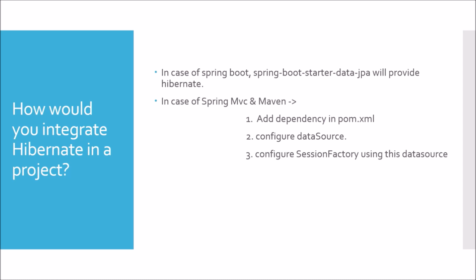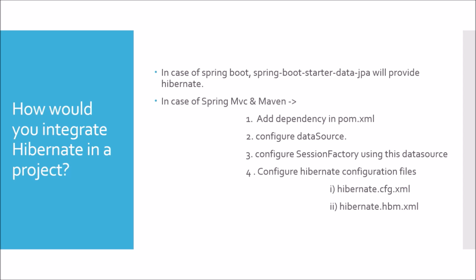Session factory provides session, and to configure a session factory, you would need configuration files. So in Hibernate, you have two types of configuration files mainly: hibernate.cfg.xml and hibernate.hbm.xml. CFG is also called Hibernate configuration file and HBM is Hibernate mapping file.